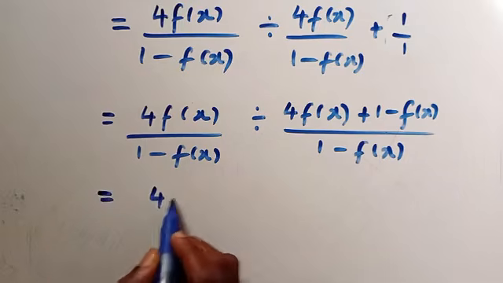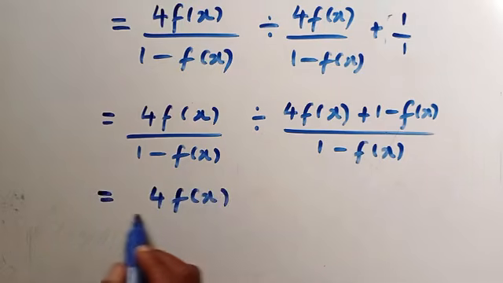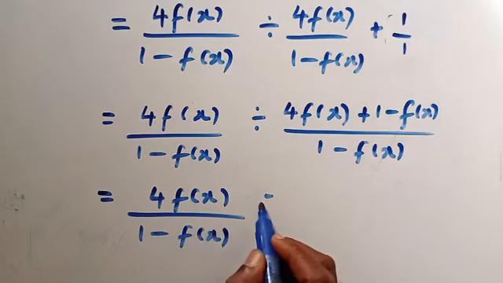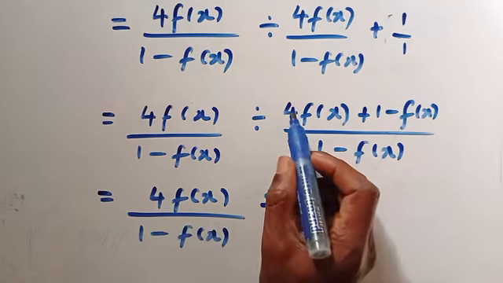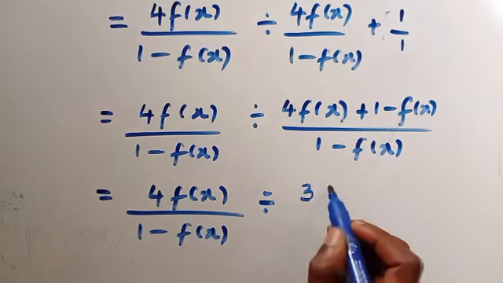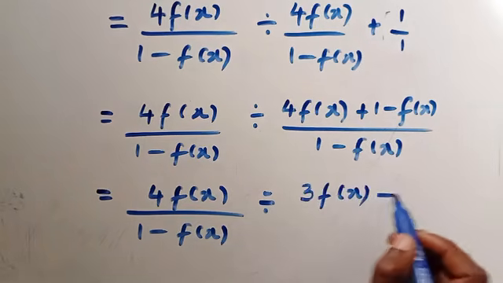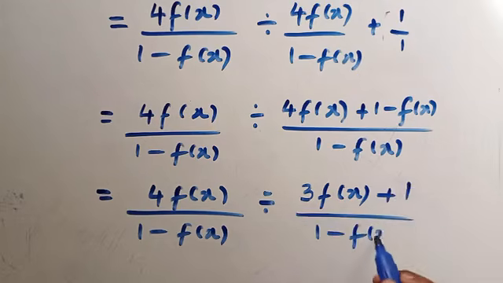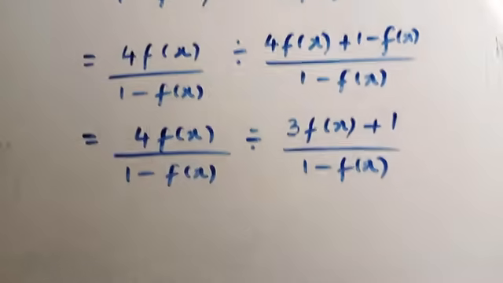This equals 4f of x over 1 minus f of x, then divided by 4f of x minus f of x. This gives us 3f of x, then plus 1, divided by 1 minus f of x.